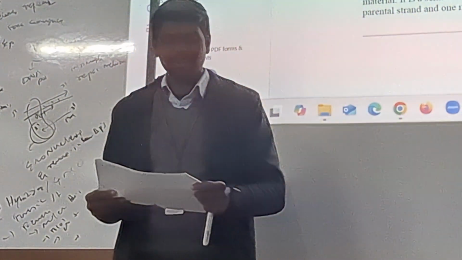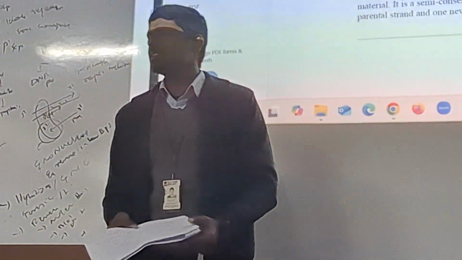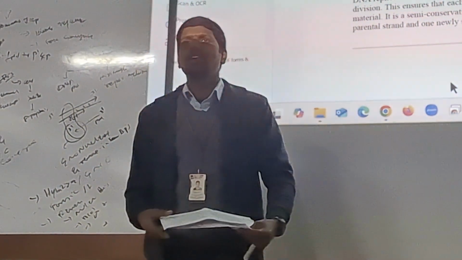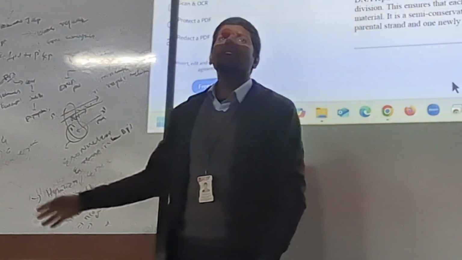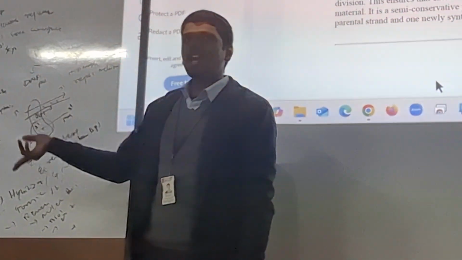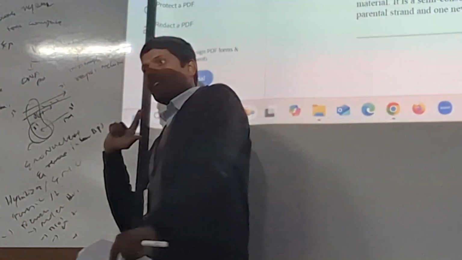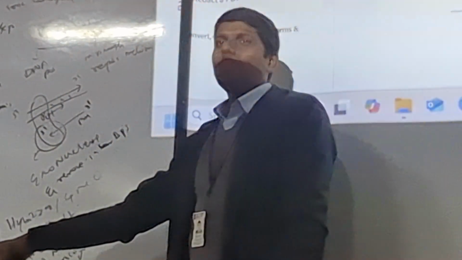Anyway, next there is a small topic called Okazaki fragments. I hope you know what Okazaki fragments are. They are formed as an outcome of the lagging strand. The lagging strand happens because replication proceeds in one direction while elongation happens in the opposite direction.